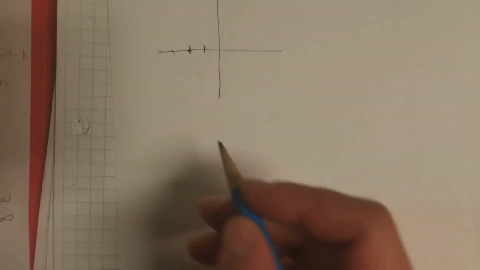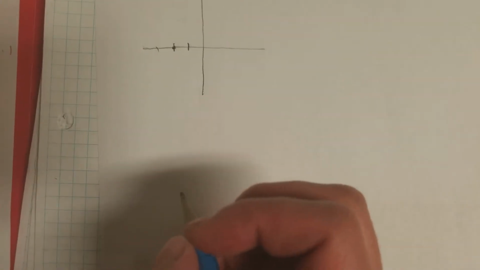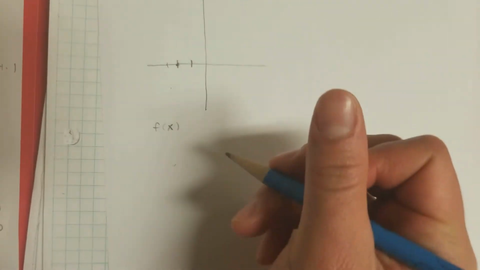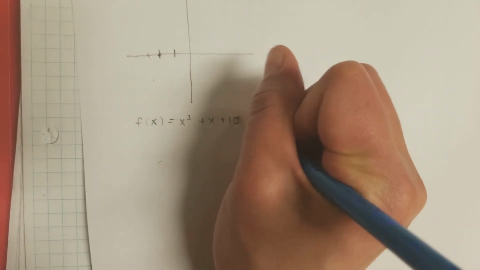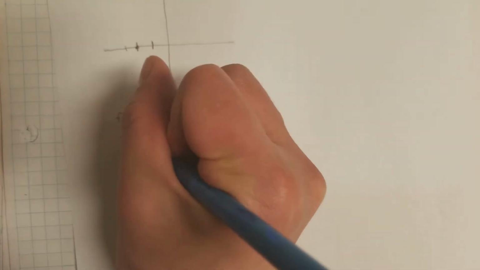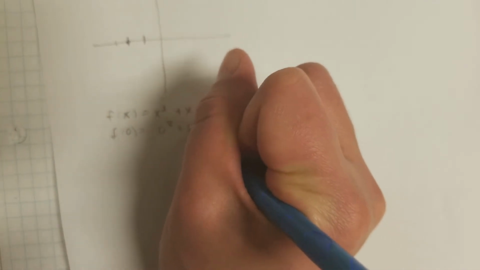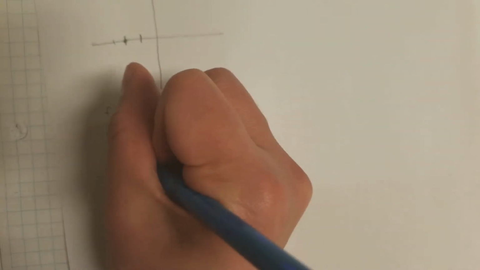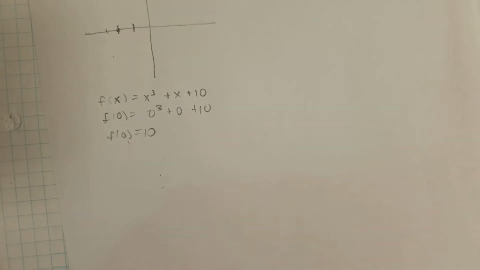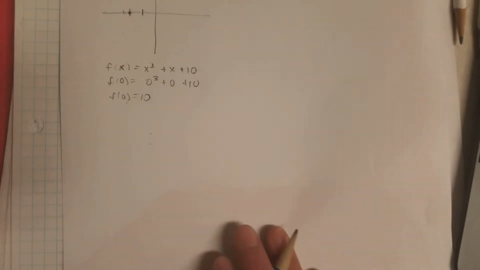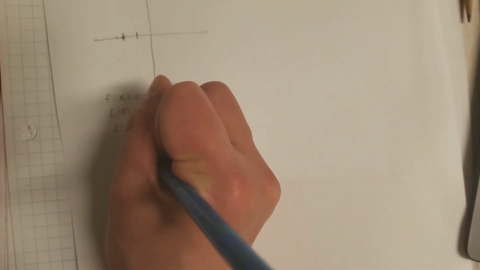The other thing that we can graph is the y-intercept. Remember our f of x is x to the third plus x plus 10. So f of 0 equals 0 to the third plus 0 plus 10. f of 0 equals 10. So the y-intercept is at 0, up 10.